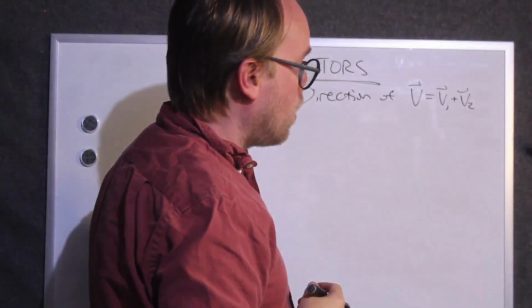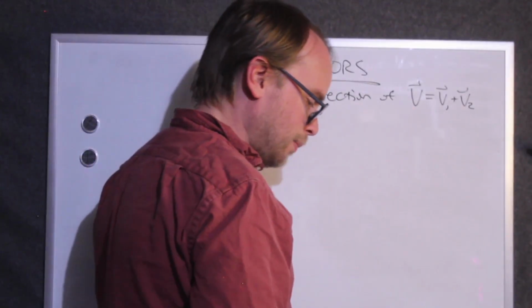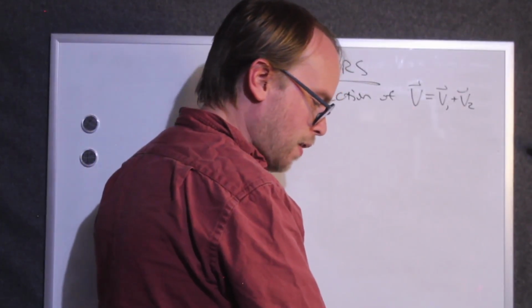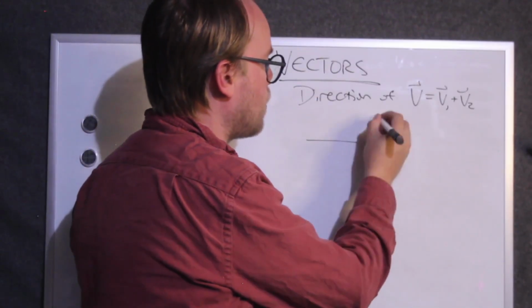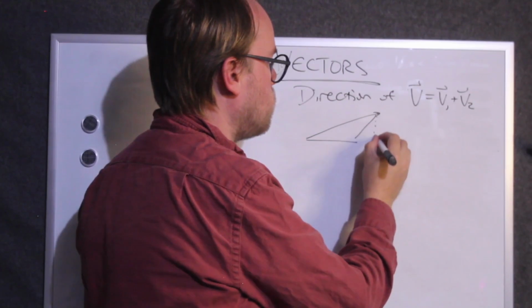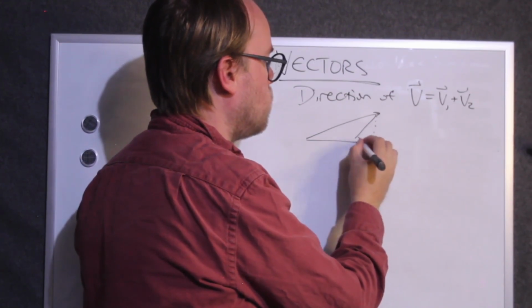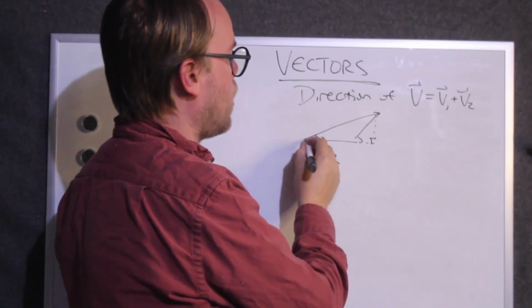There we go. Sometimes my arrows end up looking like U's, but it's fine. So we need to find, going back to our diagram here, this angle, which we're going to call alpha, okay?